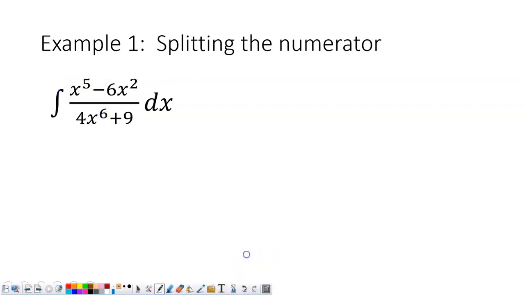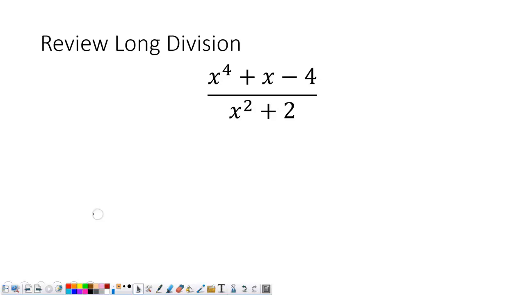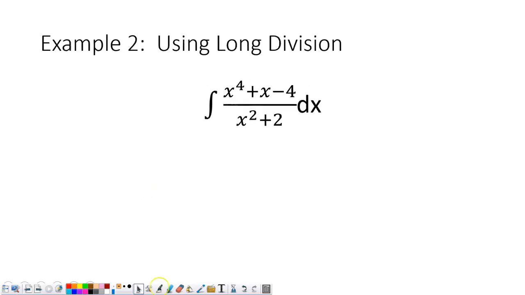Now let's compare that to the next one, the one that we're on right now. For this one, the power on top is 4 and the one on the bottom is 2. Notice that the power on top is bigger. So here's my suggestion.